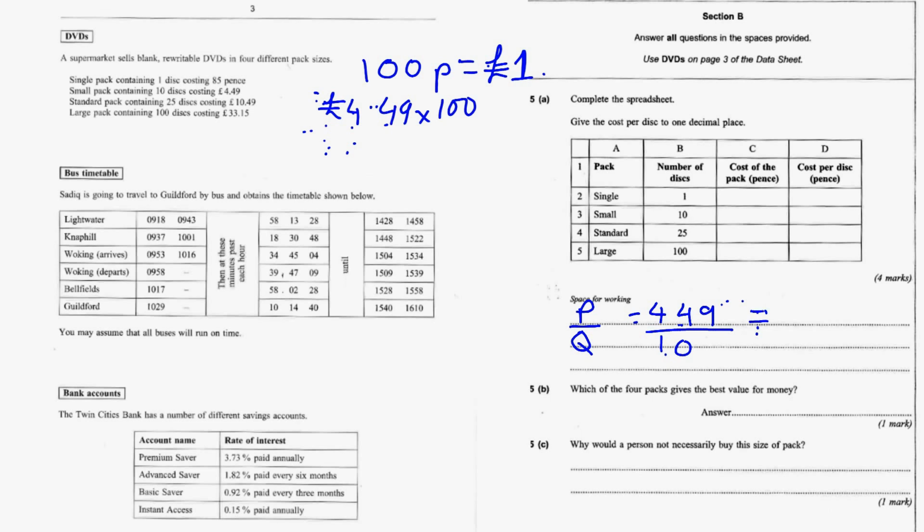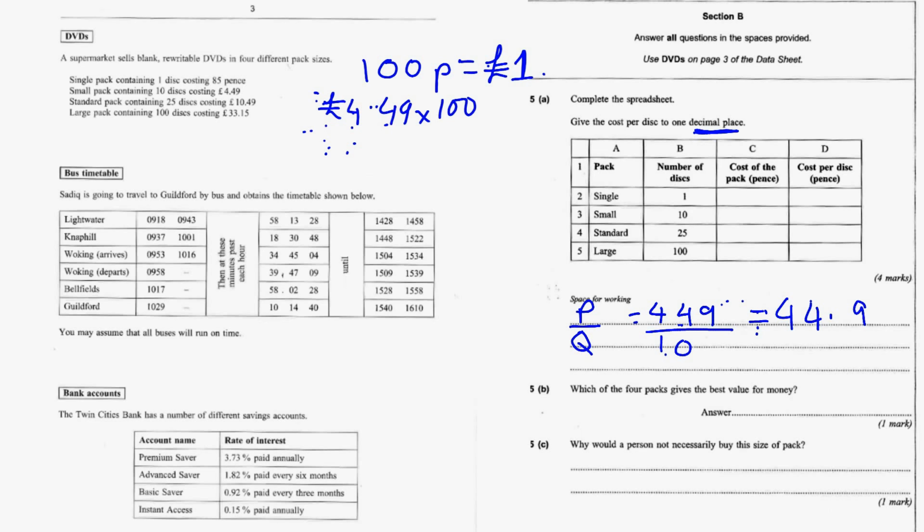Okay, and that will give you how much? Put that in your calculator. 449 divided by 10 equals 44.9p. Remember, this is in 1 decimal place. Don't forget the 1 decimal place. So that's 1 decimal place, which is fine.